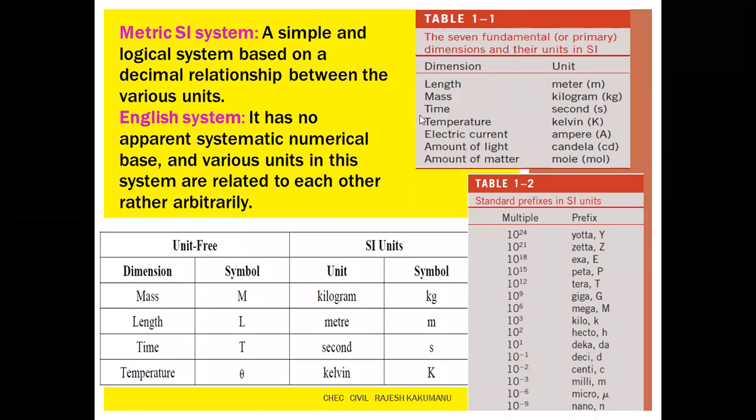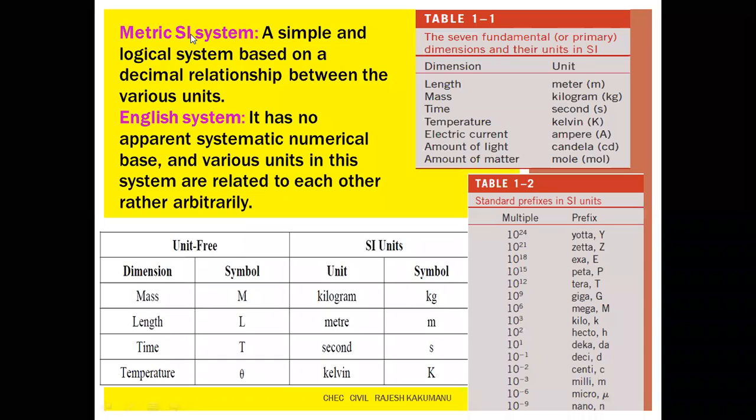Next, in metric systems or English systems, we have some different magnitudes. A simple and logical system based on decimal relationship between the various units is the metric SI system.